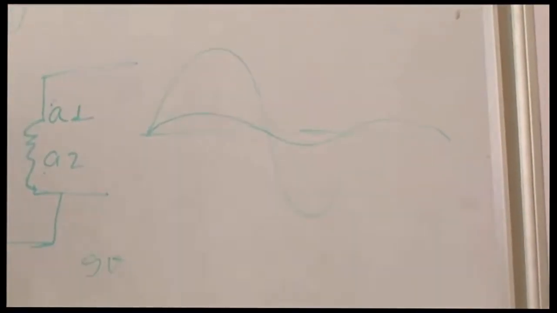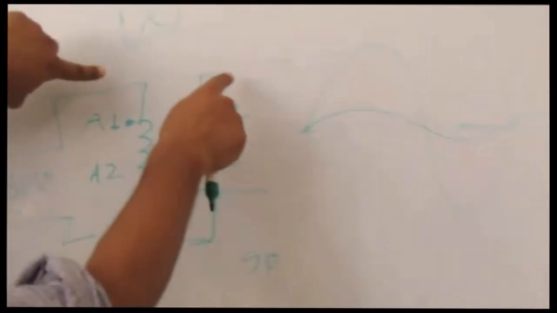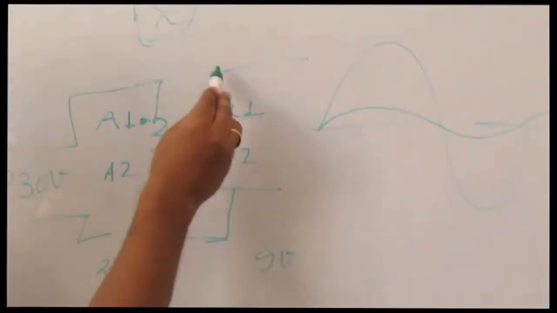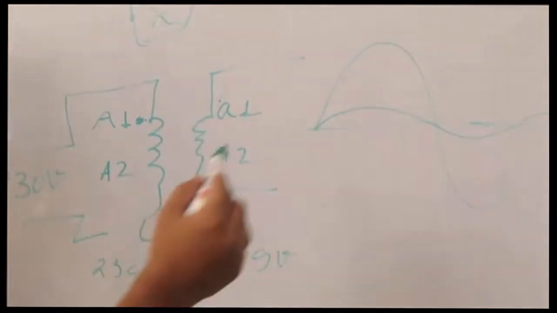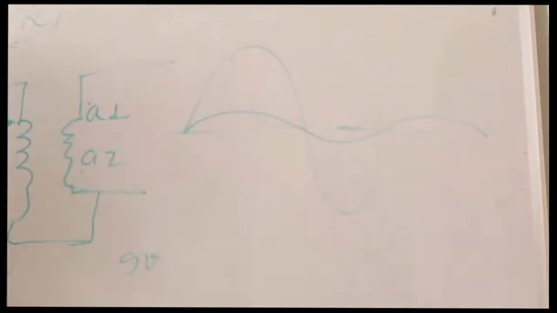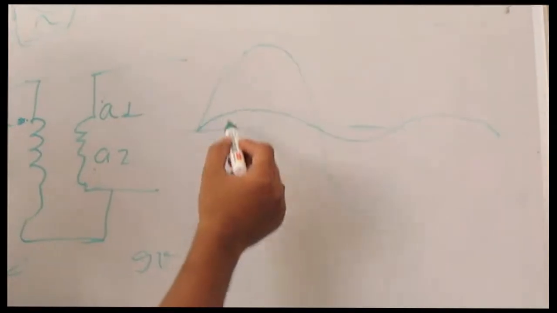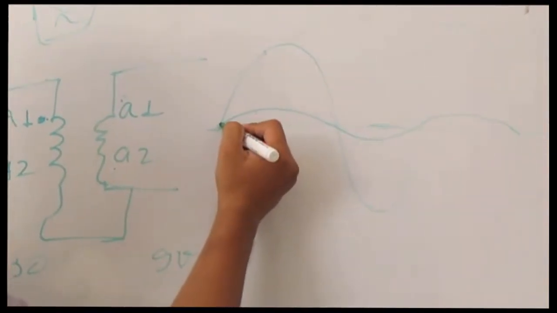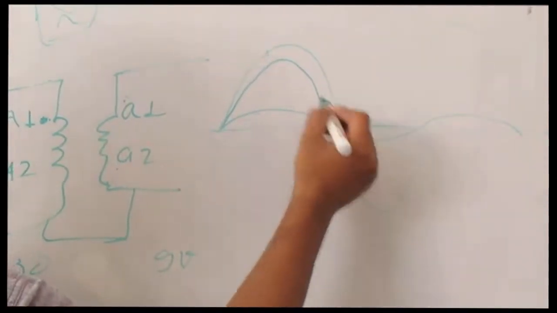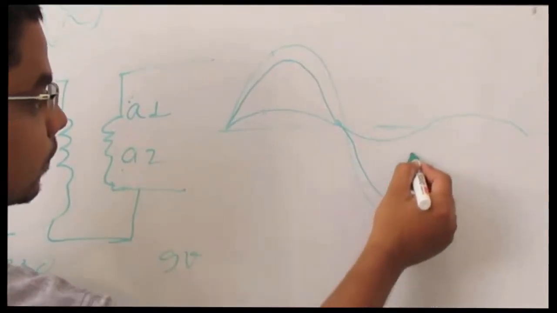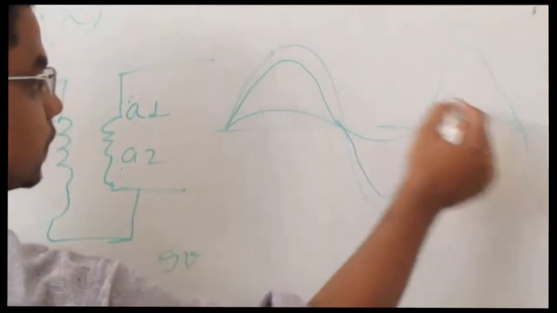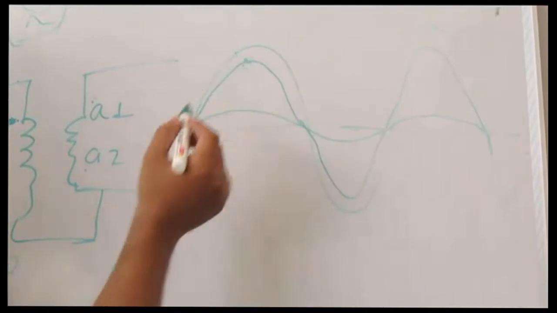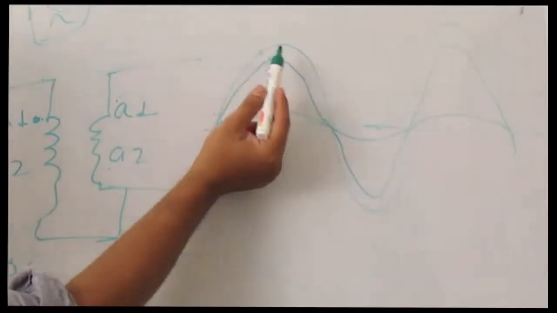When we put the voltmeter across these 2 points, we are measuring the potential difference between them. So we have to subtract this voltage from this. If we subtract this voltage point by point, all the points will come down and we will get this. So the RMS of this voltage is certainly lower than this voltage.